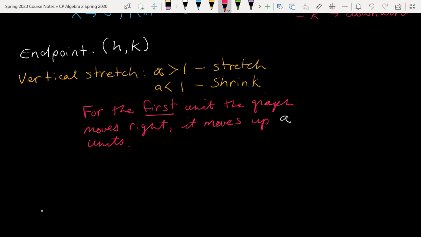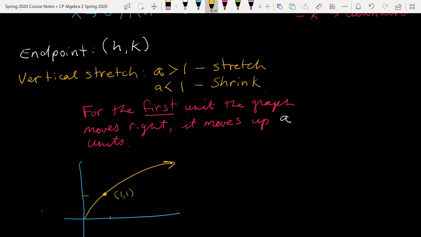In the case of the parent function, a was 1, so it moves over 1 and up 1. If a is larger than 1 and we have a stretch, we're going to move up more than 1 unit for that 1 unit that we move over. If a is less than 1, we're going to have a shrink, which is going to compress the curve and mean that for that first unit that we move to the right, we're going to move less than 1 unit up.